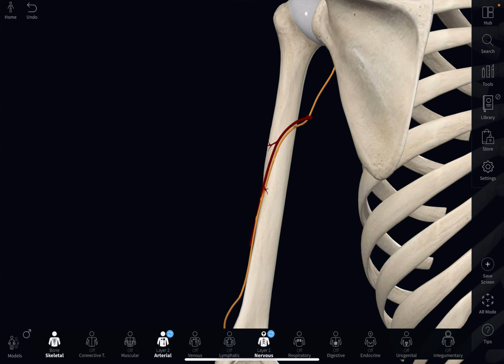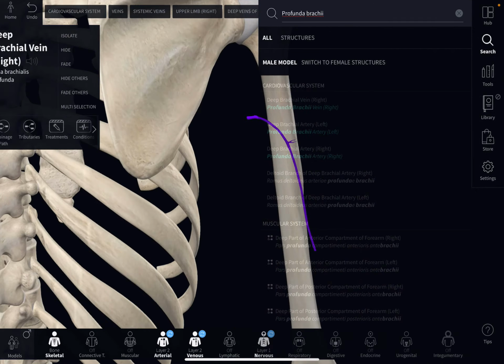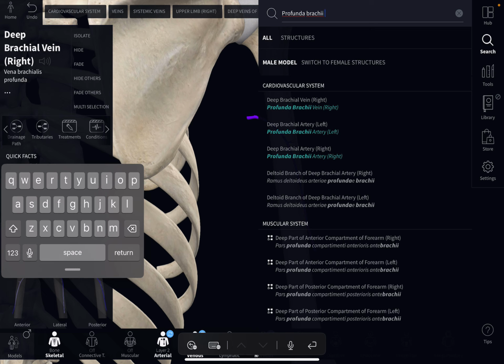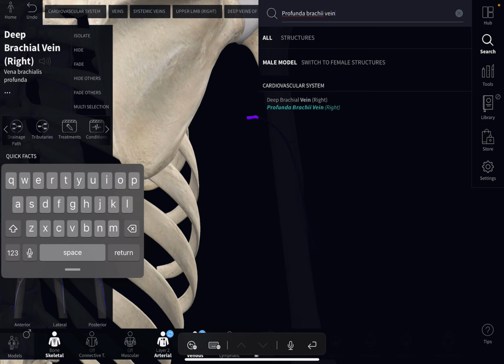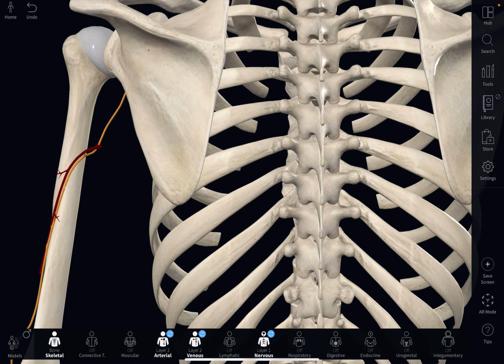Along with this, you will also find the profunda brachii vein as well. Only the vein of the right side is shown, but this vein also goes with the artery. On both sides, these veins will be present.